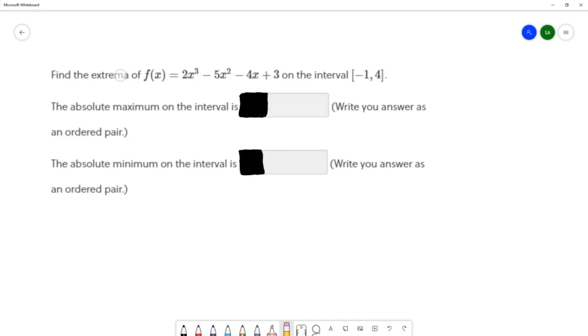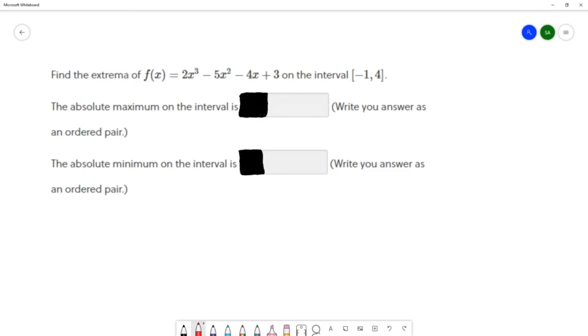So in this example, we're given this function f of x equals 2x cubed minus 5x squared minus 4x plus 3. And the extrema will occur either at the critical numbers or at the endpoints.